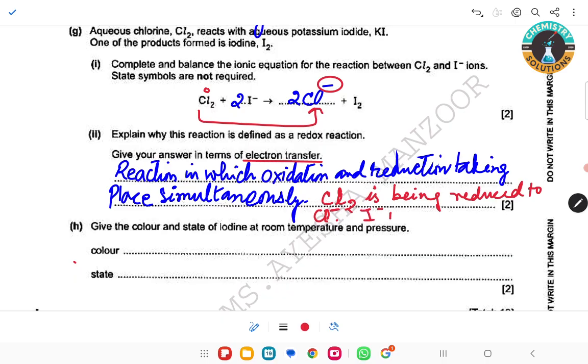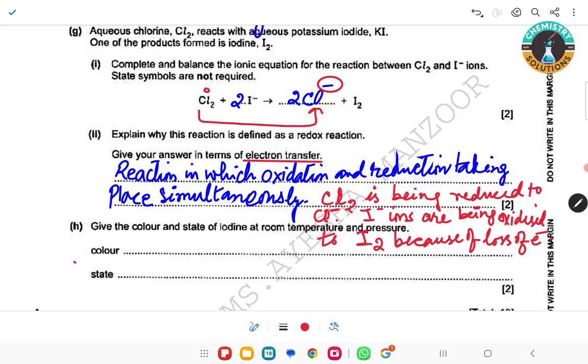whereas iodide ions are being oxidized to iodine I2 because of loss of electrons. Let me tell you the easiest way to know which element is going to lose the electron and which is going to gain. Remember, this minus shows the iodide ion has an extra electron.